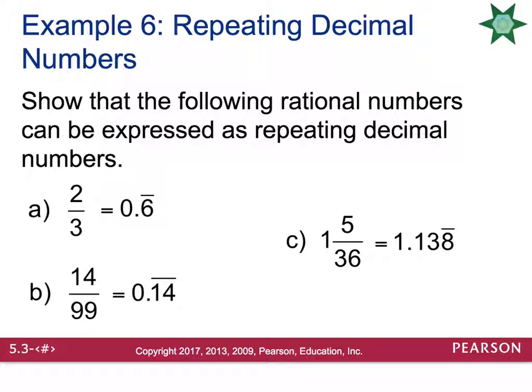Remember, we're going to do 36 times 1, plus 5 over 36. So 36 times 1 is 36 plus 5 is 41. So we could also write this as 41 over 36 as an improper fraction. And we get 1.138, and the 8 repeats on that one. So this one is a repeating pattern.